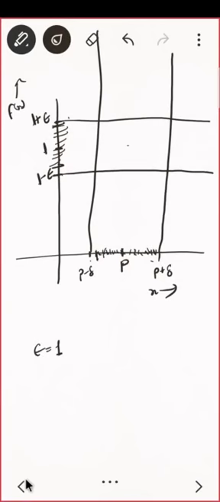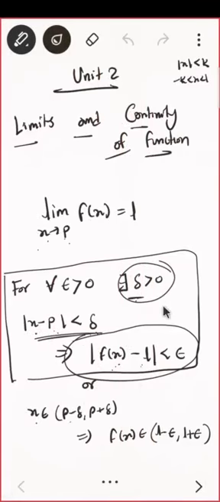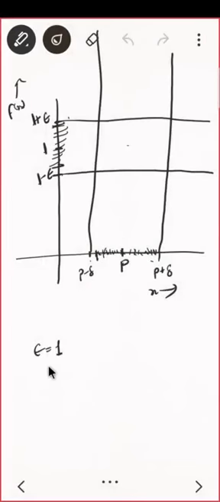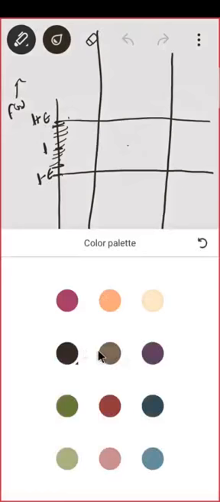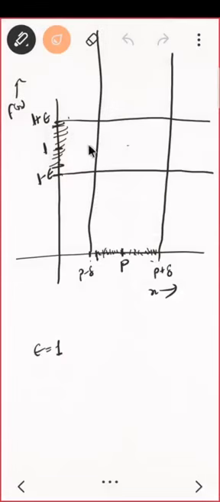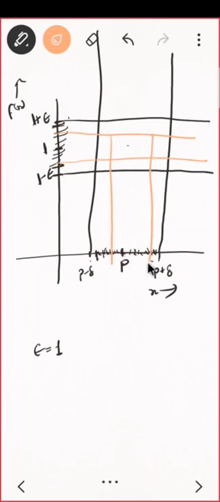Have you understood graphically what the meaning of this is? That is, give me any epsilon. If I reduce the value of epsilon, then see what change is going to happen. I'll have another delta, perhaps something like this. The delta may be the same, it may be different, but the condition is that you have to decide delta.